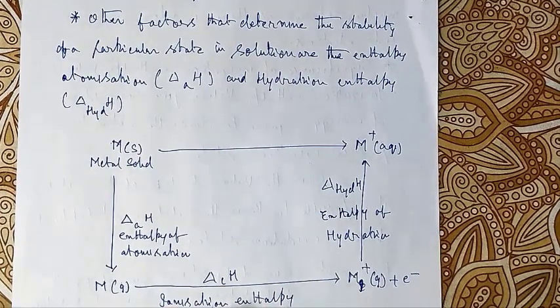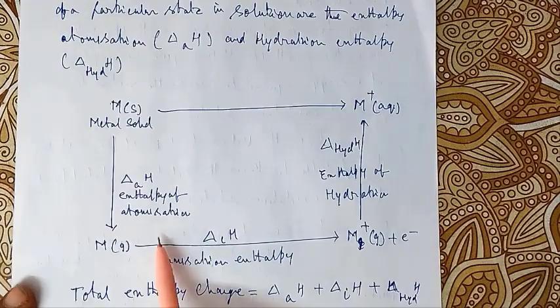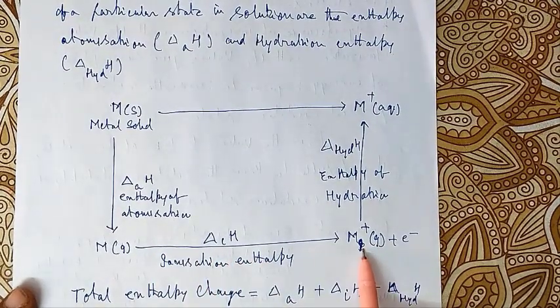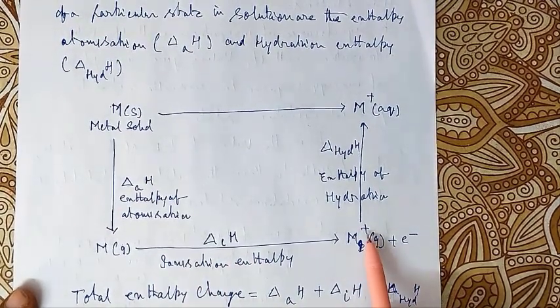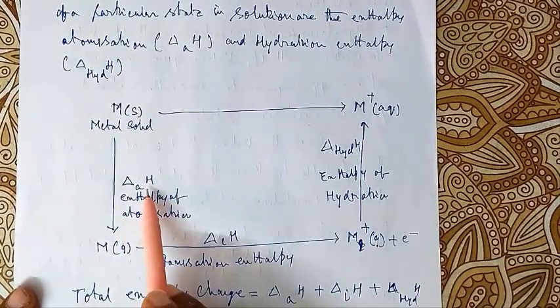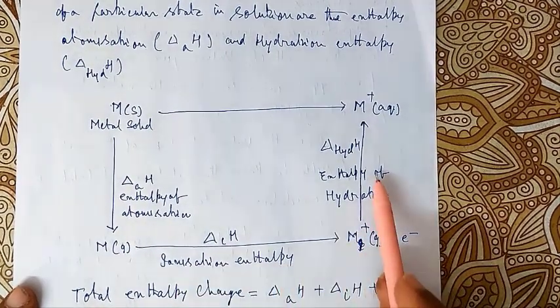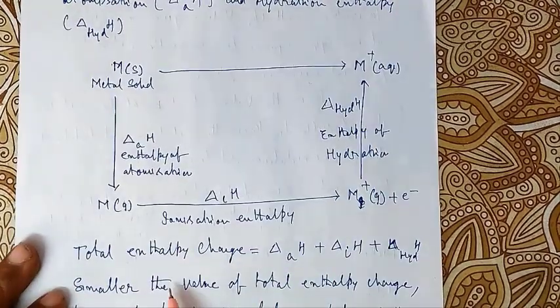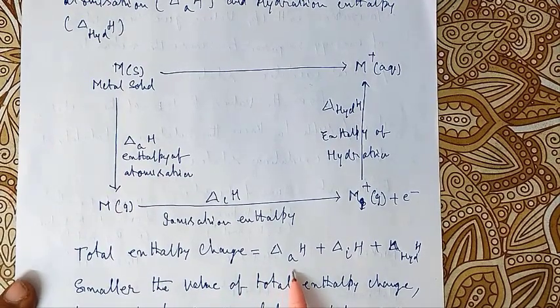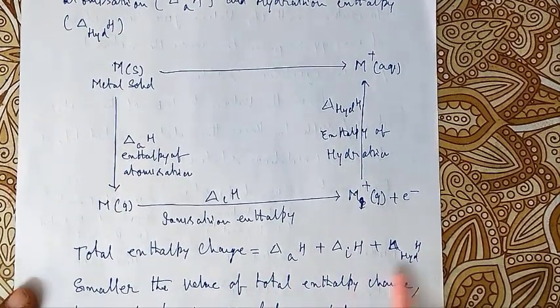From here to here is ionization enthalpy, that is, the metal in gaseous state loses an electron and becomes M+, and from M+ it dissolves in the solution. Here this is the enthalpy of atomization, the enthalpy of ionization, and this is the enthalpy of hydration. The total enthalpy change is equal to delta H atomization plus delta H ionization plus delta H hydration.